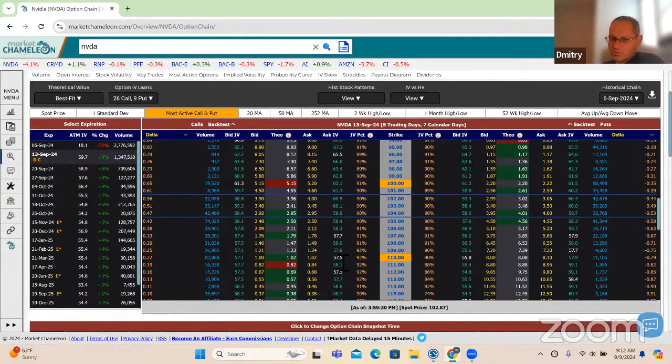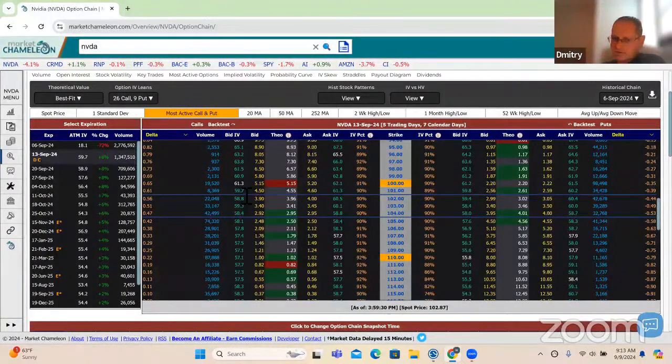To look at how options are priced relative to each other, we can use the Black-Scholes model, the option pricing model. It takes in the prices of the option as one of the inputs, along with other inputs like the stock price, interest rates, dividends, and so forth, and then comes up with the implied volatility.